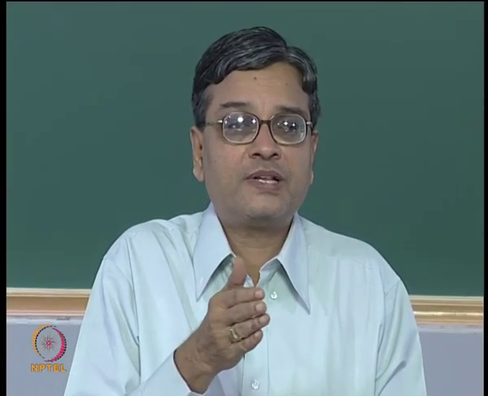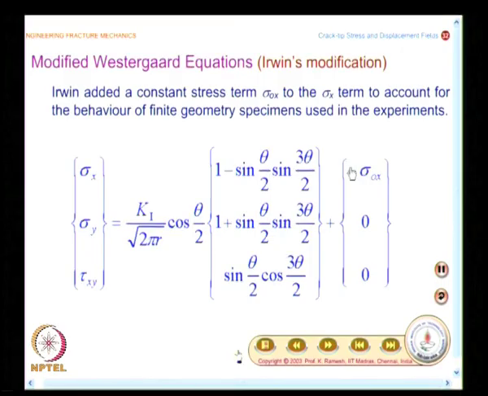So, in order to compensate for the experiment that they did, which was uniaxial loading, he added this based on simple arguments, not with great mathematical development. What he did was, he simply added a second term in the series. The second term contained only a correction to the sigma x stress term, which is a constant value, the other two values are 0.